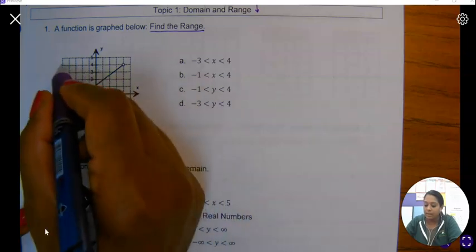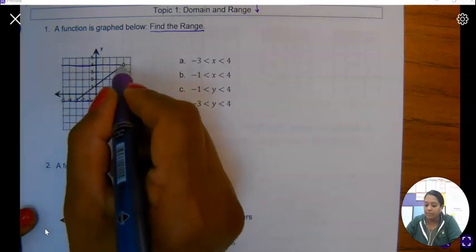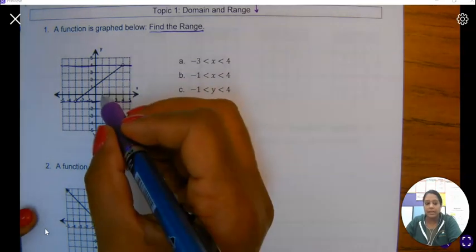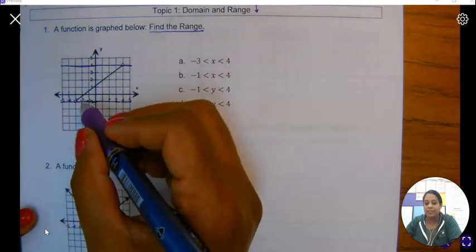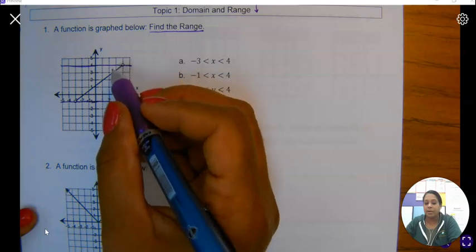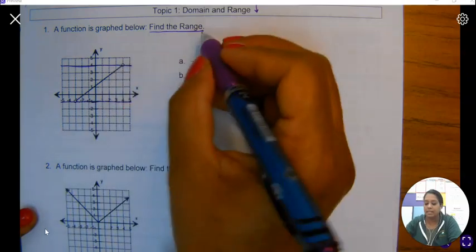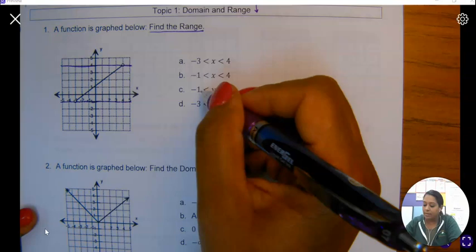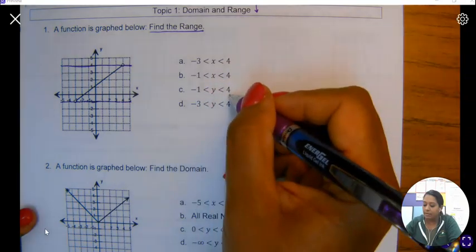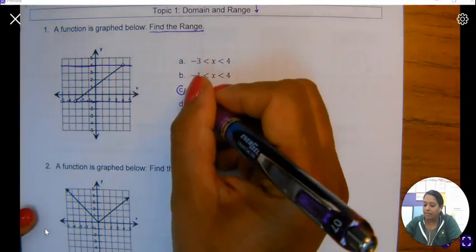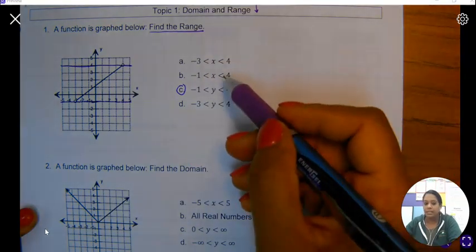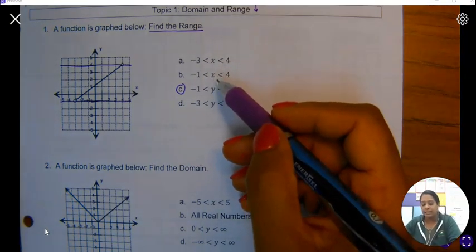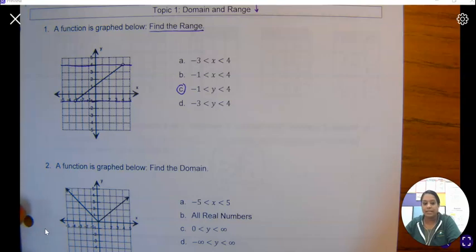And then it's going all the way up to +4. Okay, so my graph exists between -1 and +4 on the y-axis. So that is the range. So -1 to +4 on the y. So there you go. This answer says x. That's not it. So that's that.